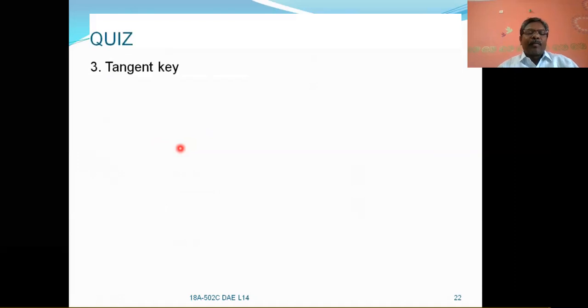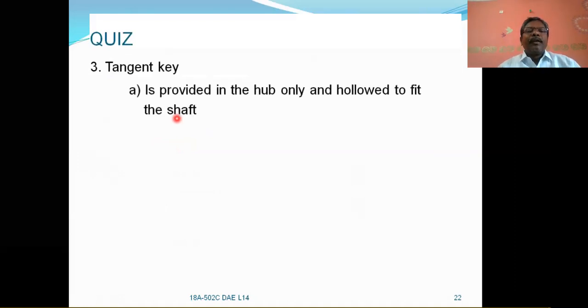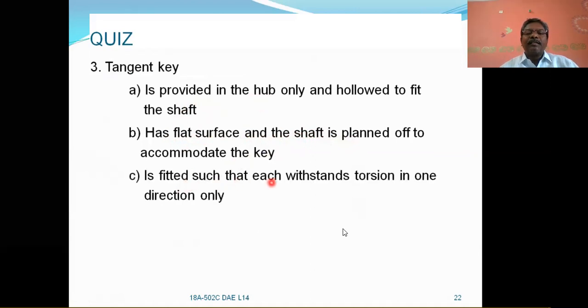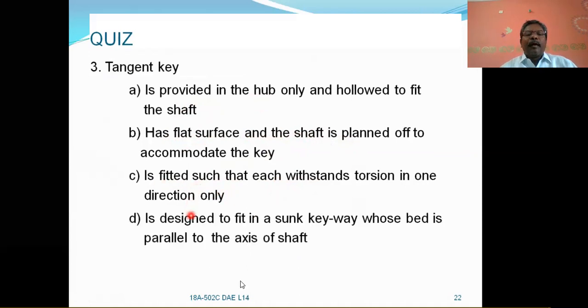Tangent key. A tangent key is provided in the hub only and hollowed to fit the shaft, has a flat surface and the shaft is planed off to accommodate the key, is fitted such that each withstands torsion in one direction only, and is designed to fit in a sunk keyway whose bed is parallel to the axis of the shaft.